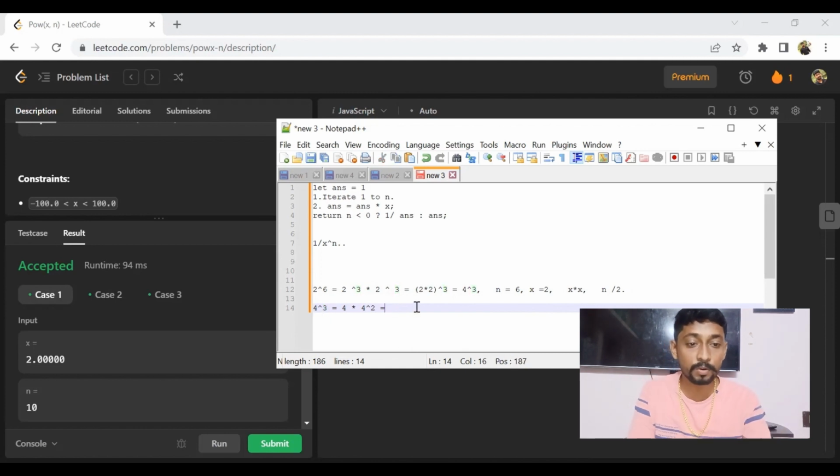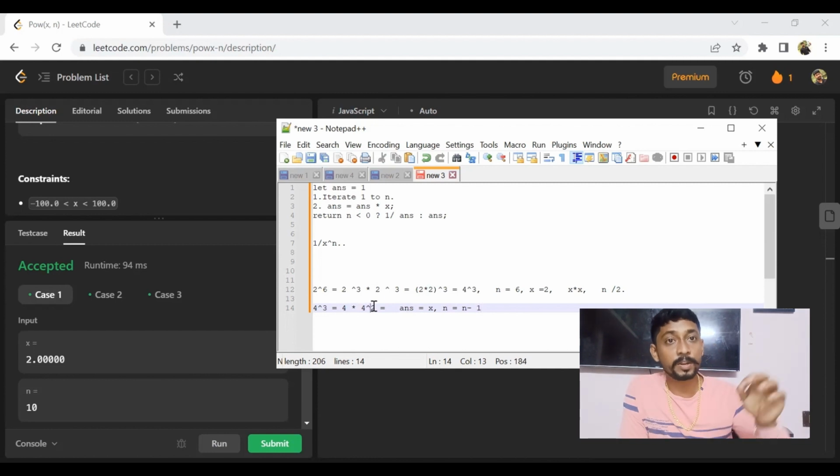So if n is 3, I simply multiply my answer with x and decrease n to n minus 1. So n here becomes 2.